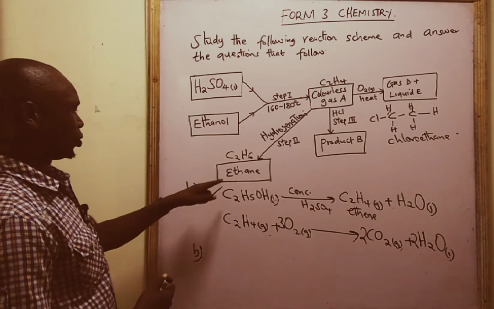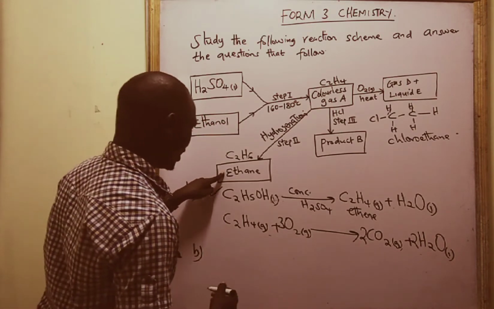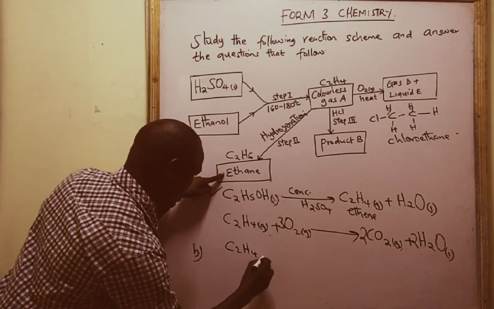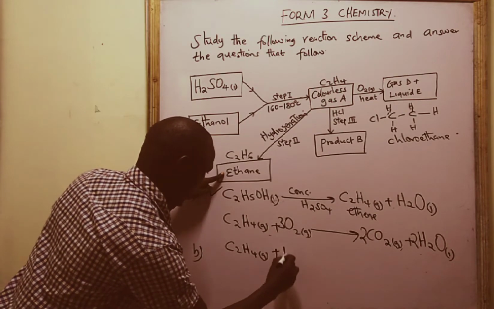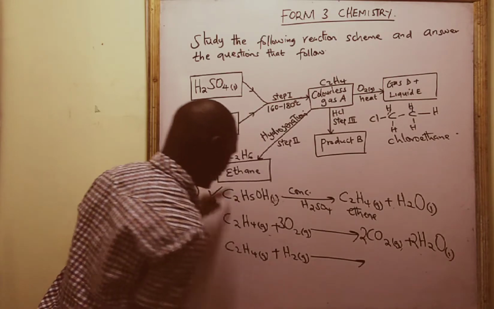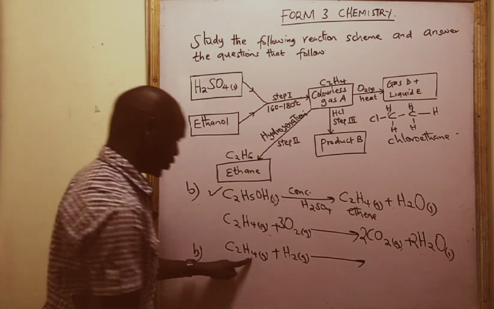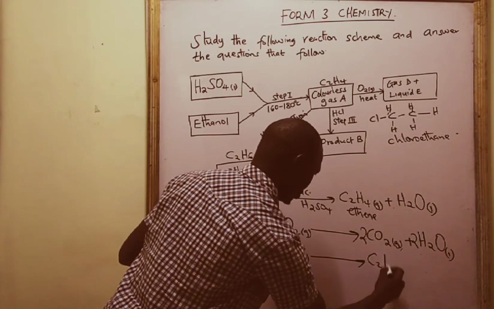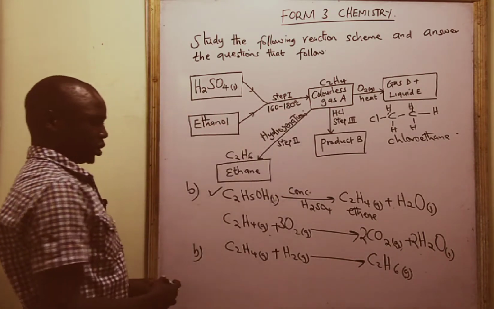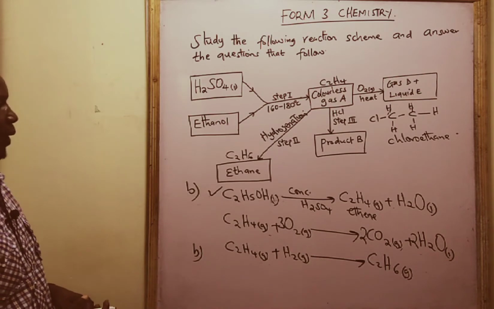Next we are going to do the one that is forming ethane gas. So we are going to take C2H4, which is a gas. We add hydrogen, and if we add the 2 hydrogens here, we are going to have C2H6, and the equation is automatically balanced.